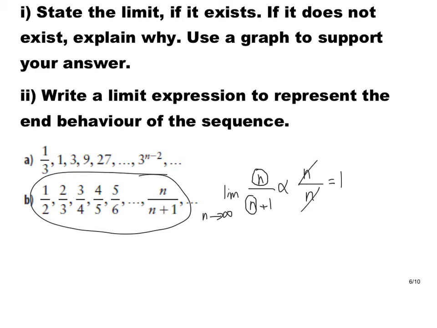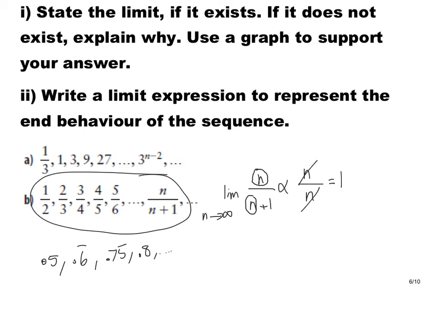The reason is that 1 over 2 is really 0.5. Then 2 divided by 3 is going to give us 0.6666 repeated. 3 over 4 is going to give us 0.75. 4 over 5 is going to give us 0.8.